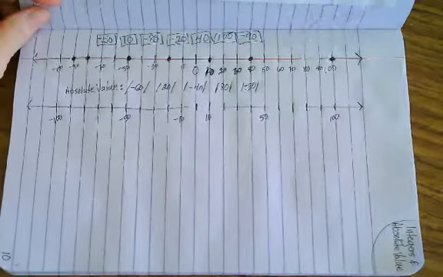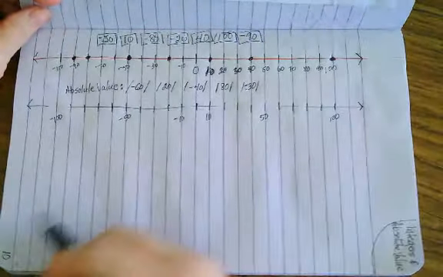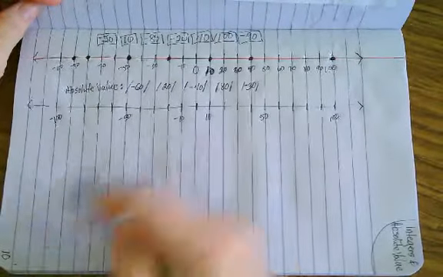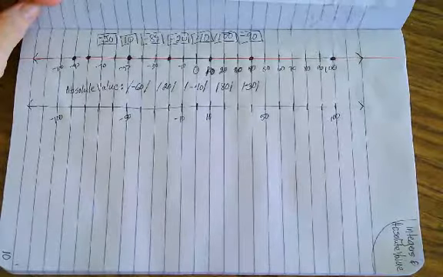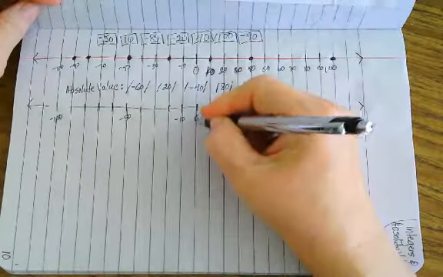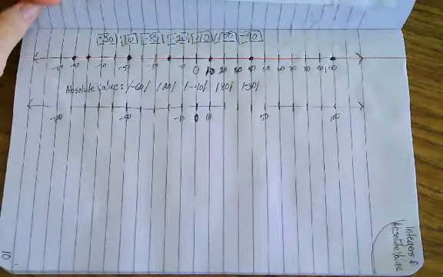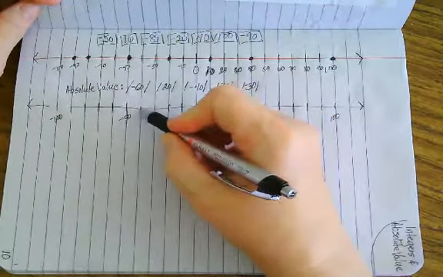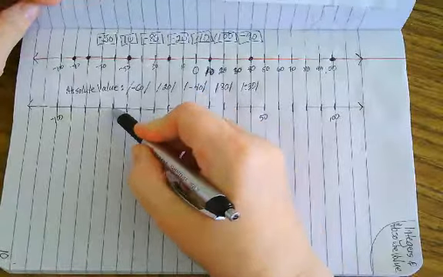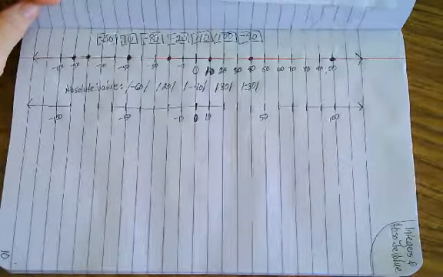Okay? So, absolute value. Here's the thing you have to remember about absolute value. It's how many jumps from 0. Okay? Here's my 0. So, how many jumps from 0? To get to negative 60, we're going to go 10, 20, 30, 40, 50, 60 to get there. Can you jump negative?